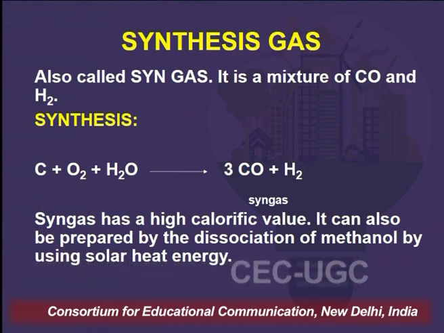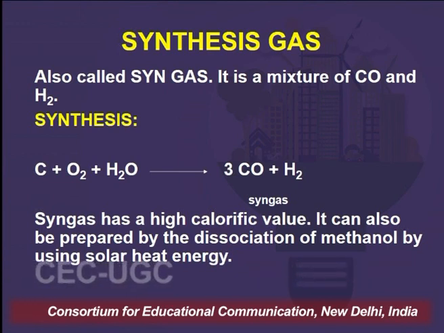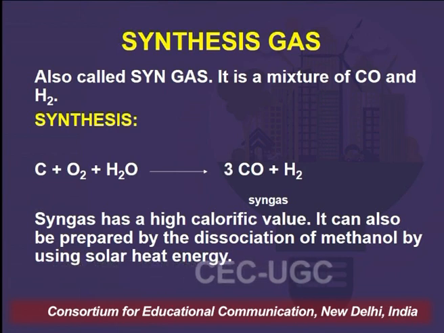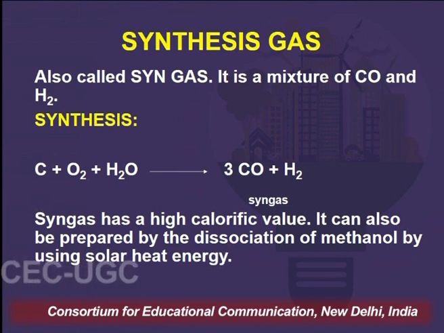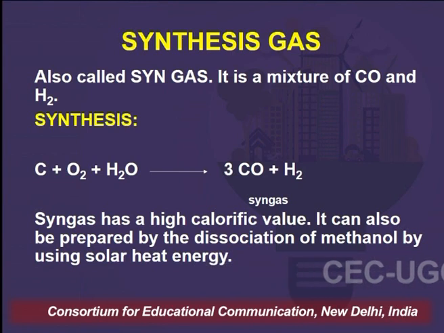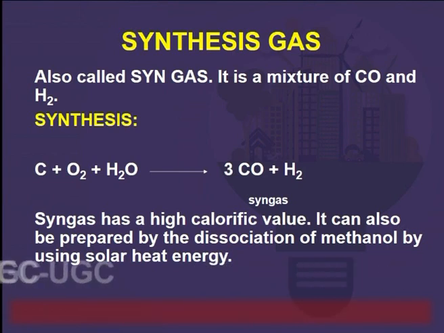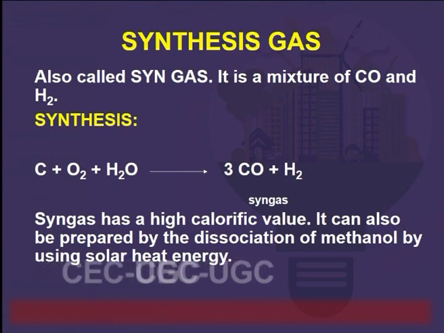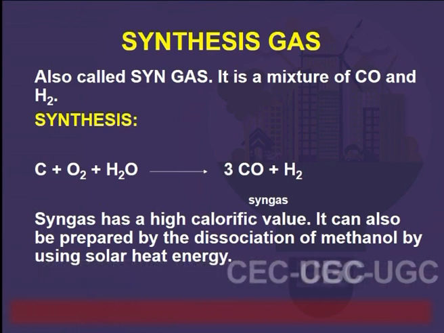The synthesis of syngas is carried out in the following manner, where carbon, or to be precise coke, reacts with oxygen and water to give carbon monoxide and hydrogen, and this combination of carbon monoxide and hydrogen is the syngas. Syngas has a high calorific value. It can also be prepared by the dissociation of methanol by using solar heat energy.